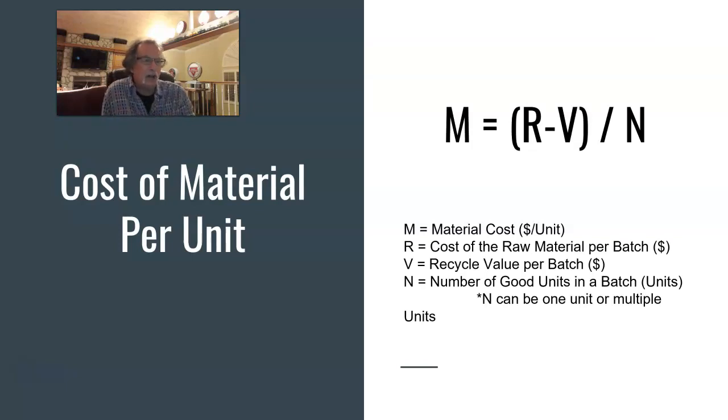However, if you have a loss in the machining, then your number of units can only be 8. So we need to apply a little bit of common sense when we're looking at these numbers. Let me take you through an example.